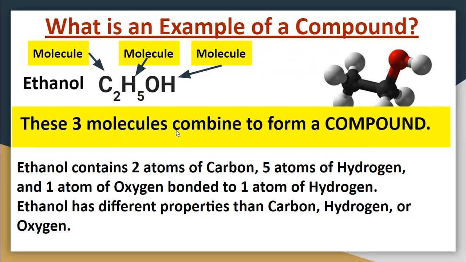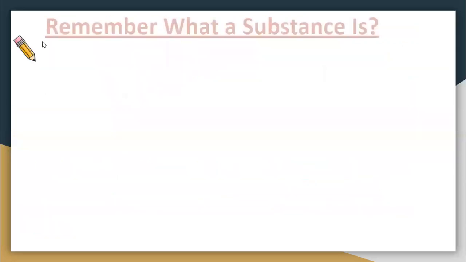So ethanol contains your 2 atoms of carbon, your 5 of hydrogen, and your 1 hydrogen and 1 oxygen bonded together. And ethanol has different properties from carbon by itself, different properties from hydrogen by itself, and different properties from hydrogen and oxygen combined. A compound will always have different properties from its makeup.